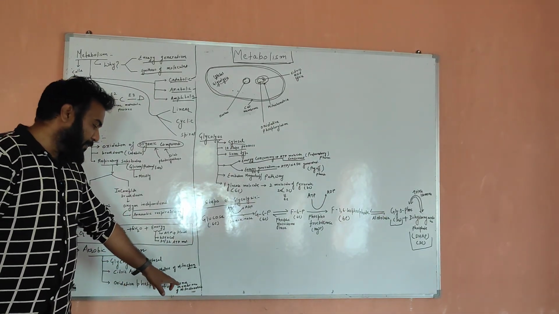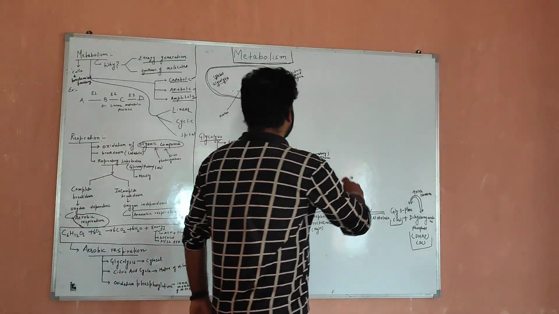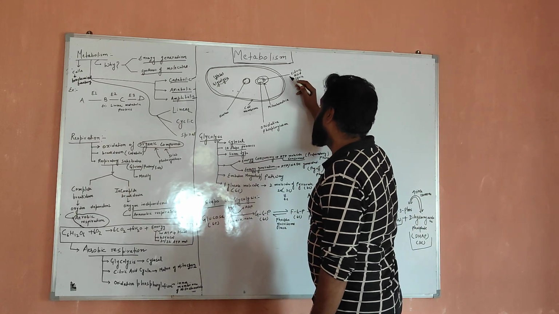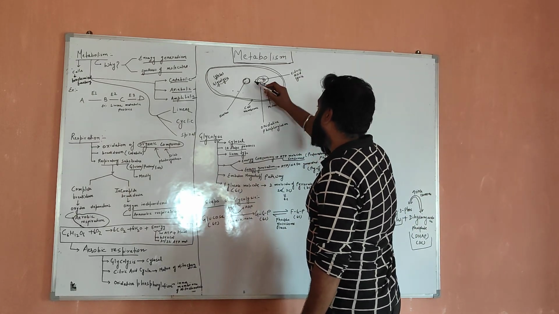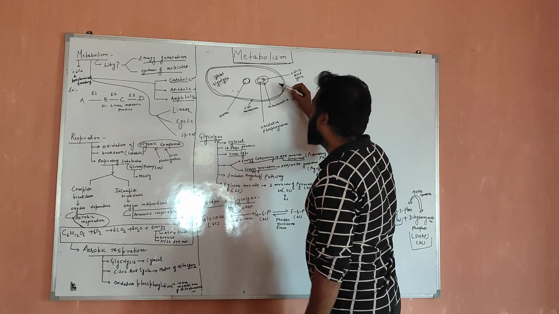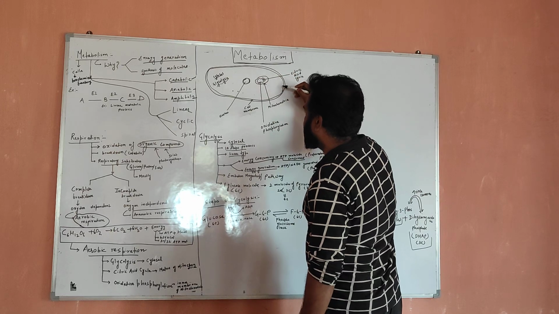If you want to visualize it, when we look at the cell, this is a typical eukaryotic cell which contains a nucleus, a double membranous structure, the cell membrane, the mitochondria, and also other organelles.